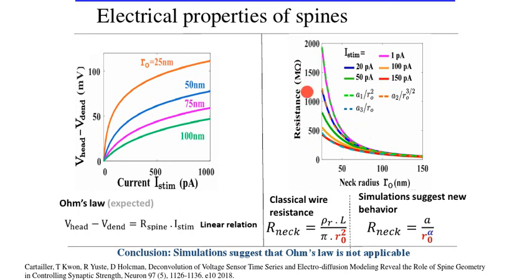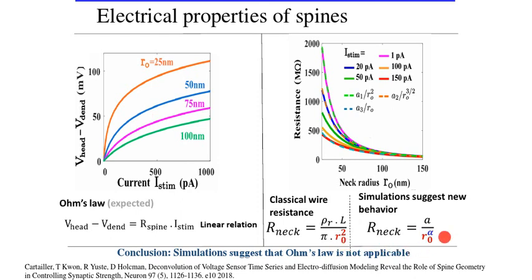We plotted this resistance, estimated from the Poisson-Nernst-Planck equations, as a function of the neck radius R0. The classical wire resistance theory says it is inversely proportional to R0 squared.